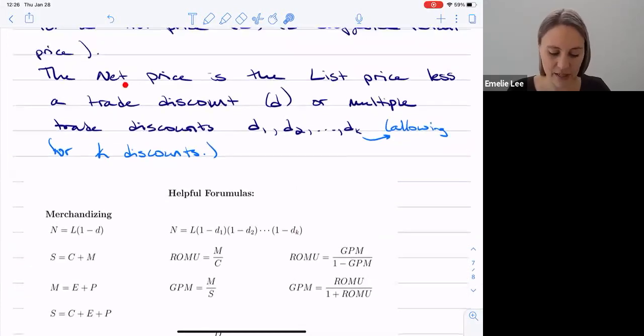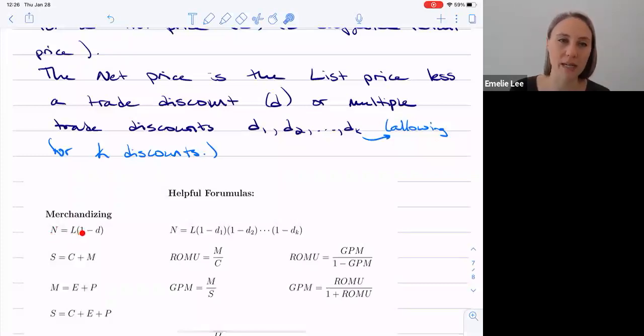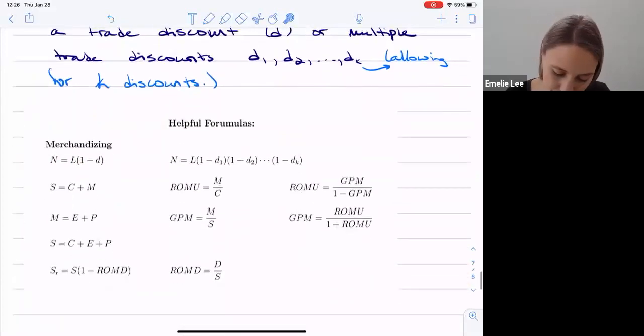Mathematically, if the net price is the list price less a trade discount, then how we denote that is: the net price is the list price times 1 minus D. The D is the amount of the discount. The discount is typically a percentage, but remember the percentages we have to turn into decimals.